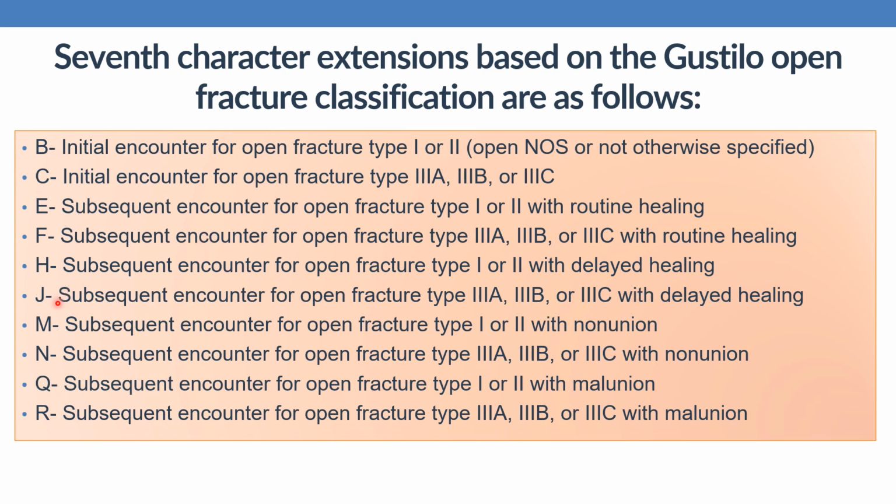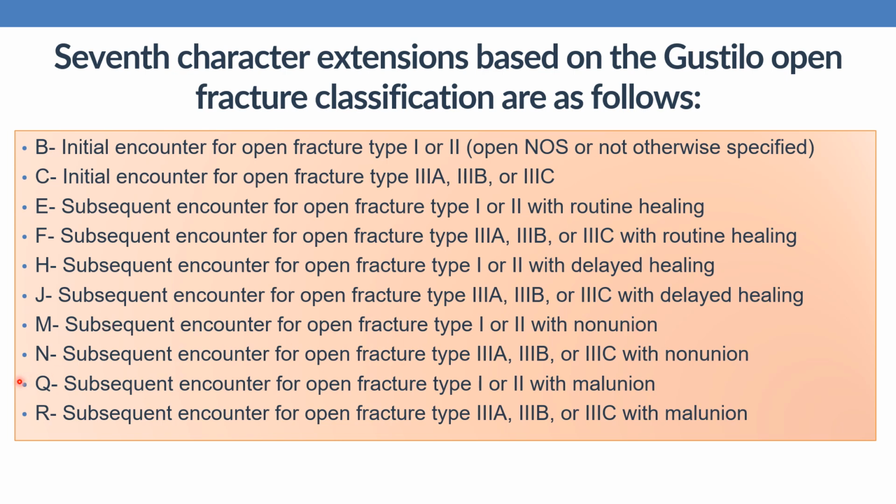Next, J indicates subsequent encounter for open fractures type 3A, 3B or 3C with delayed healing. So delayed healing is given by 7th characters H and J, whereas routine healing is given by 7th characters E and F.